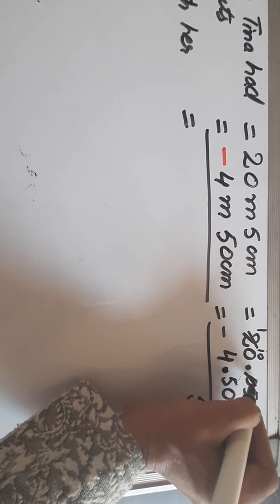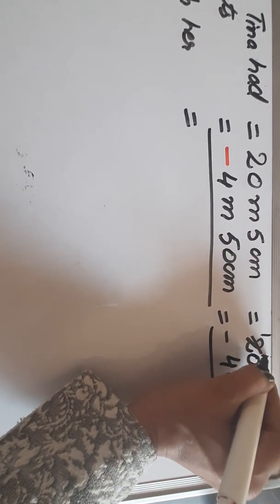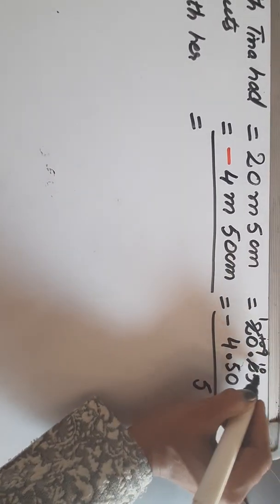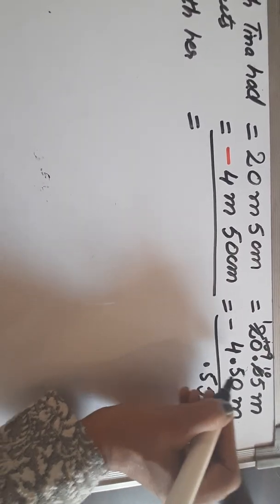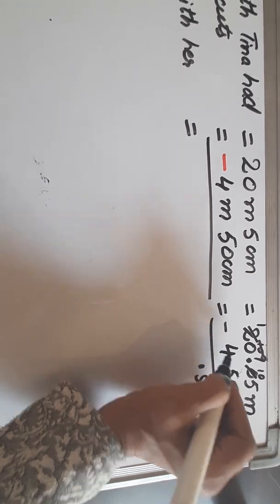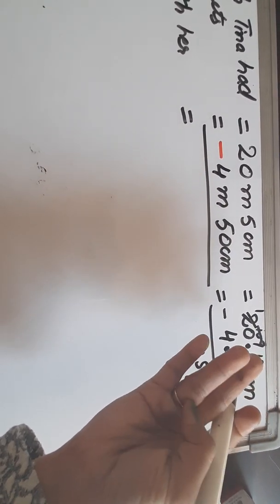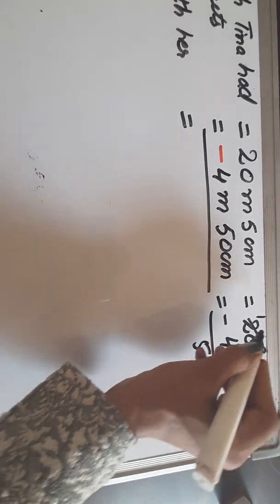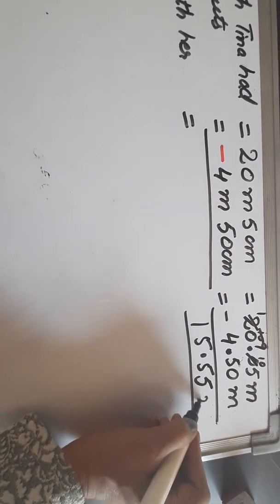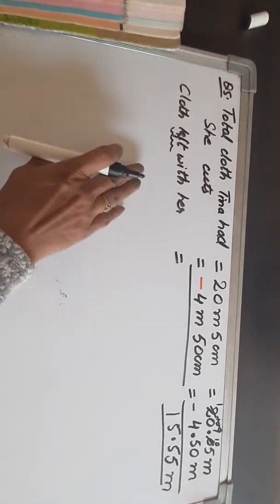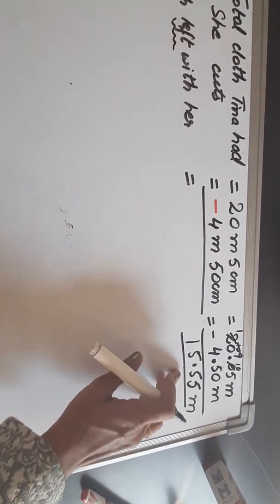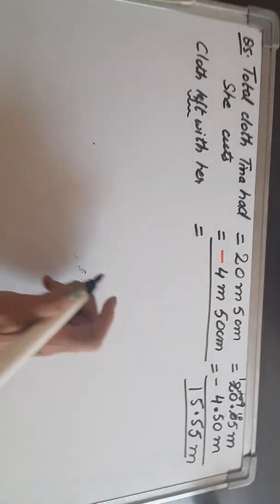When it gives 1 carry to this, it will become 10, it will be left with 9. So 10 minus 5 is 5, 9 minus 4: starting from 4, count 5, 6, 7, 8, 9. That means 5 and 1. So that means Tina is left with 15 meters and 55 centimeters cloth.